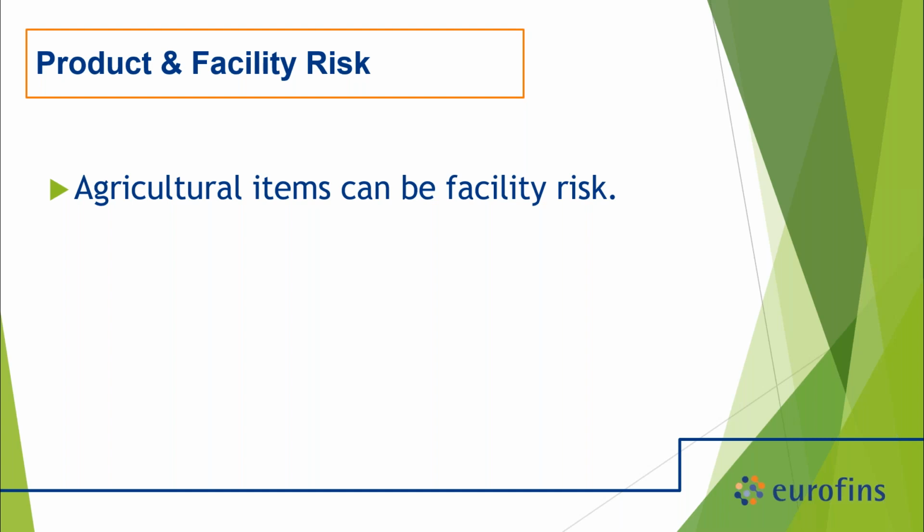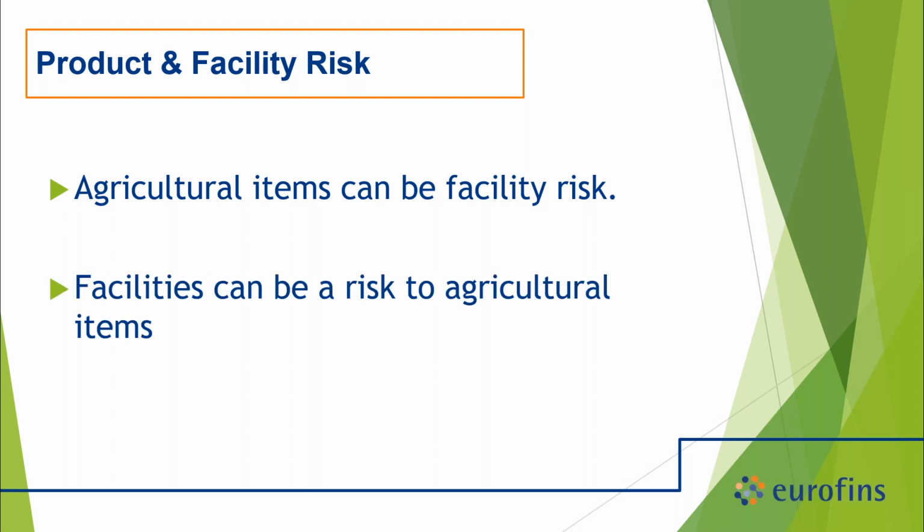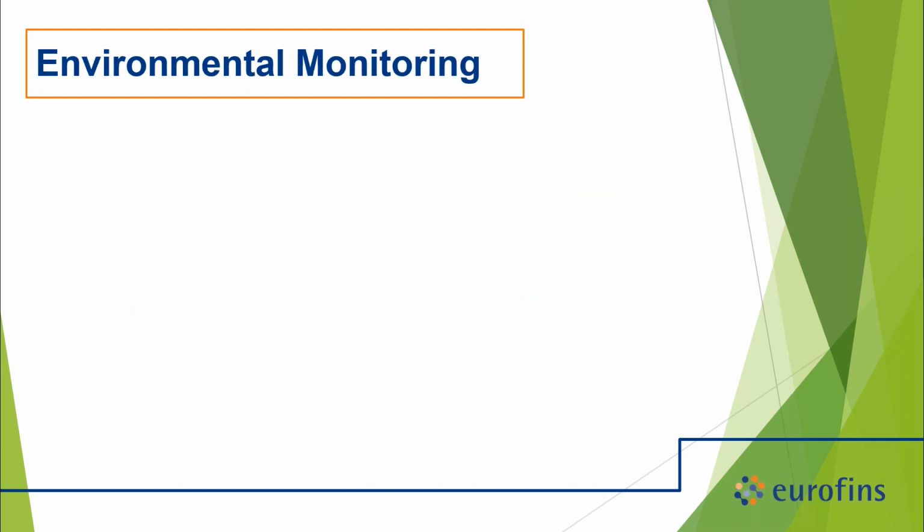So in short, agricultural items can be a facility risk, and certainly facilities can be a risk to agricultural items. So that's that bidirectional relationship that we really need to think about when designing our environmental monitoring program and also in handling our product.